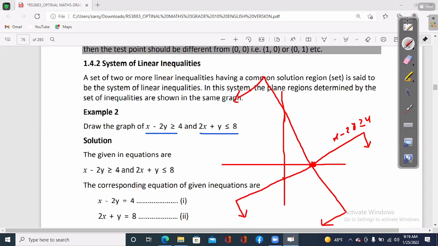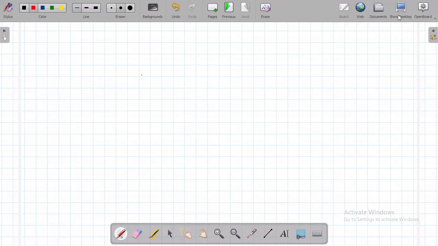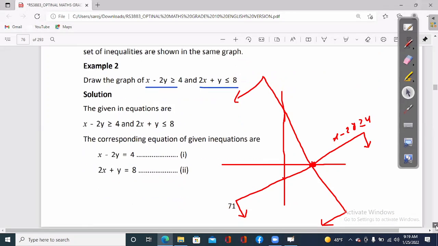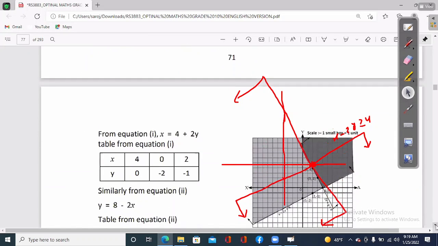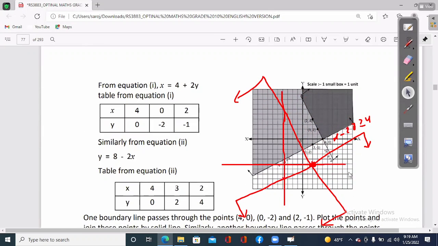Now I'll show you the solution also. You can see the solution. The first inequality is going like this way, and the second inequality is going like this way.